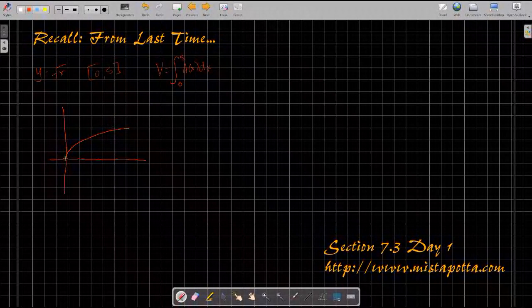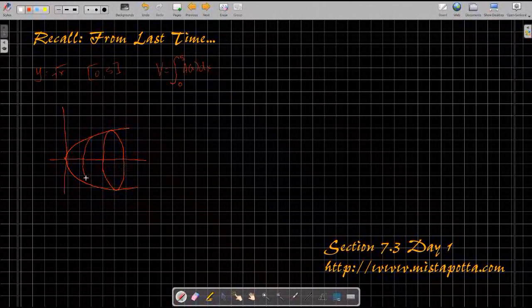That means that I'm going to have some reflection of my graph down here, and I'm going to see my cross sections actually being circles.